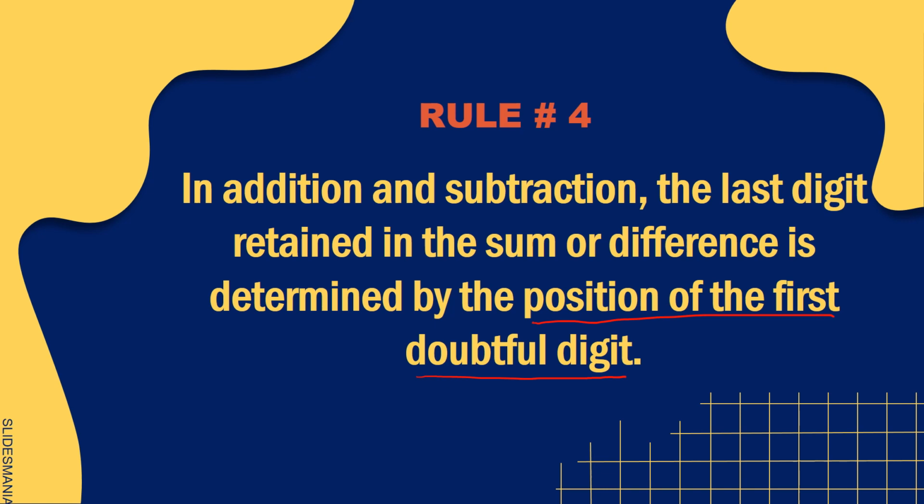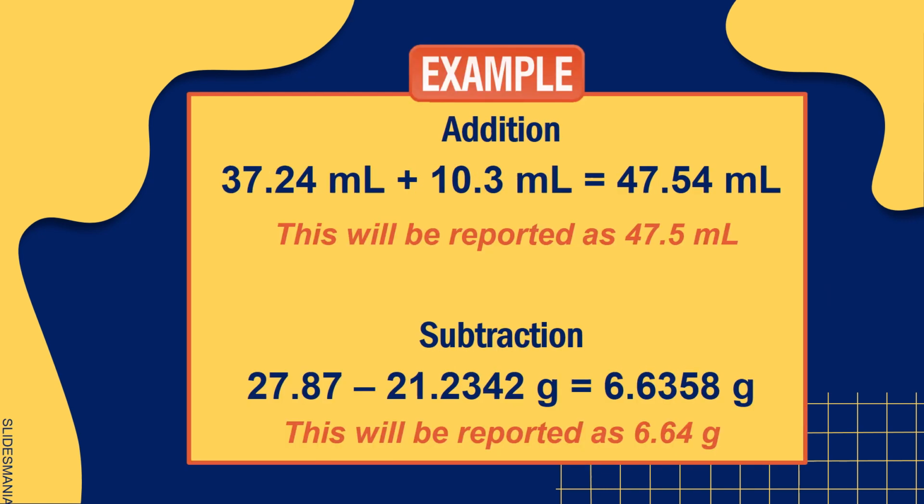For example, we have 37.24 ml plus 10.3 ml is equal to 47.54 ml. I repeat, the doubtful digit refers to the last digit or the smallest number of digits in the decimal place. So we have 10.3, right? So our answer will be reported as 47.5 ml.